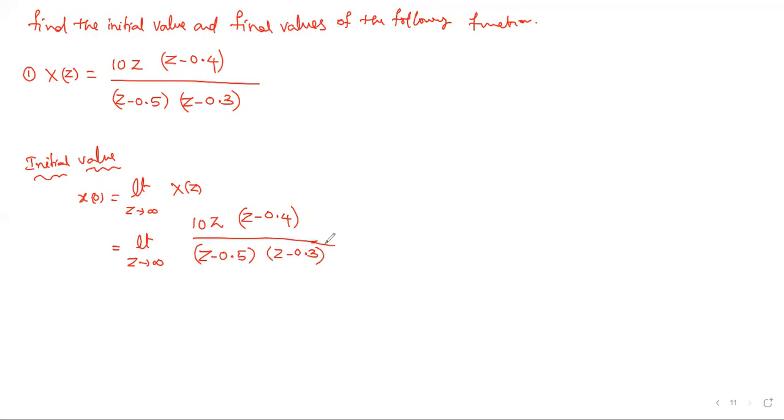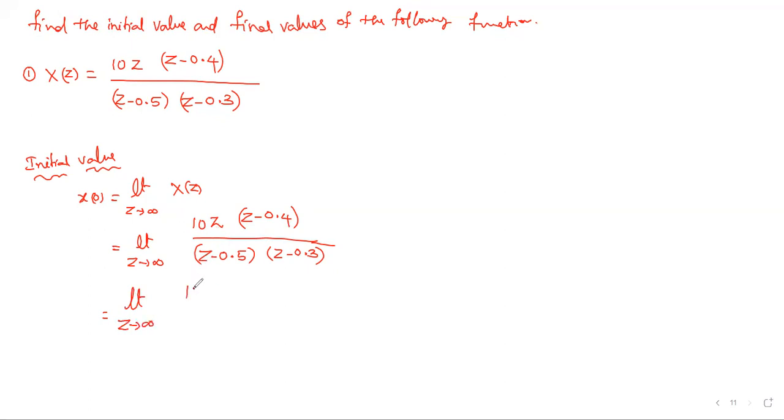Here you need to be careful. If you substitute z equal to infinity, everything is infinity by infinity, right? So that's why we first need to take z common. That is the simple step we need to follow whenever we are finding the initial value.